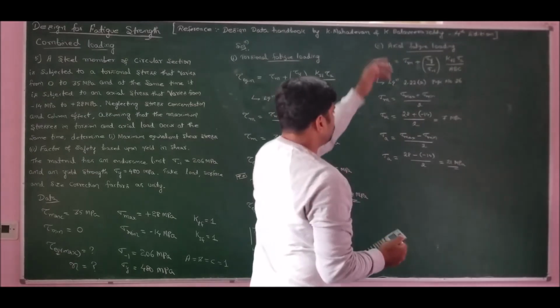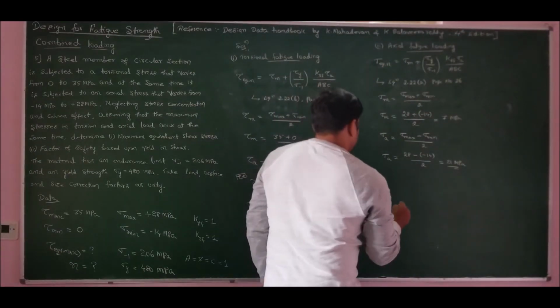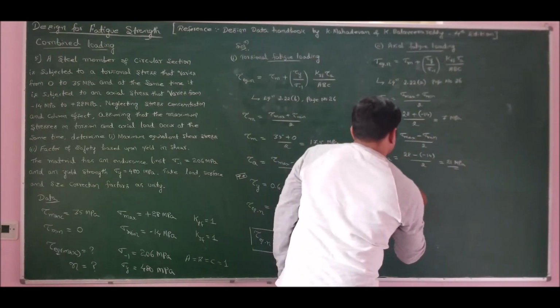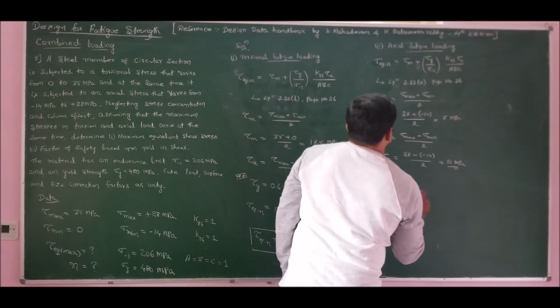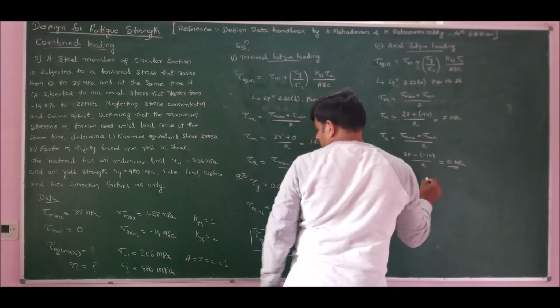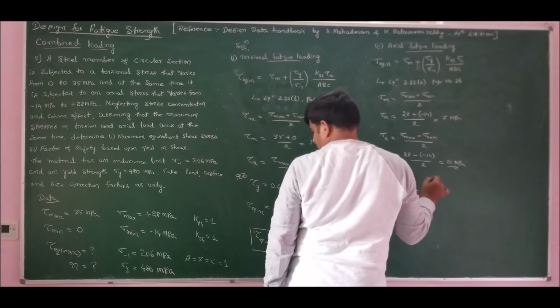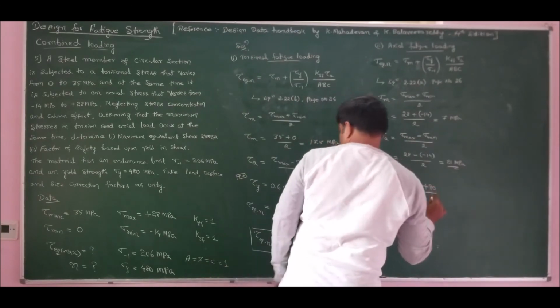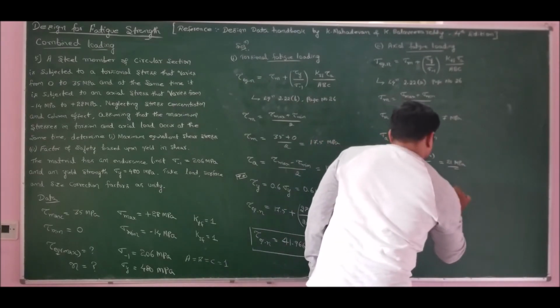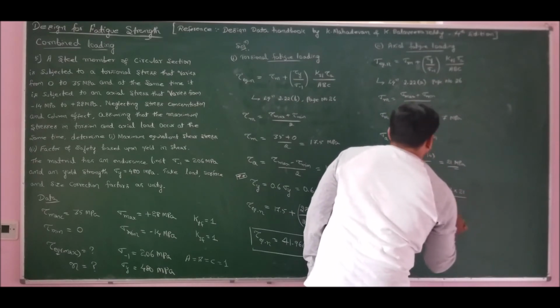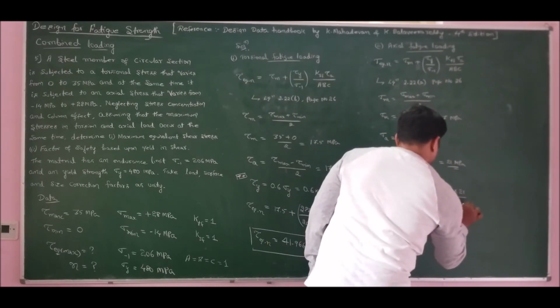Now we know all the values in this equation. If I find sigma equivalent n, I will get the value as sigma mean 7 plus sigma yield 480 by sigma endurance 206 into stress concentration factor 1, sigma amplitude 21 divided by ABC factors, which are unity.